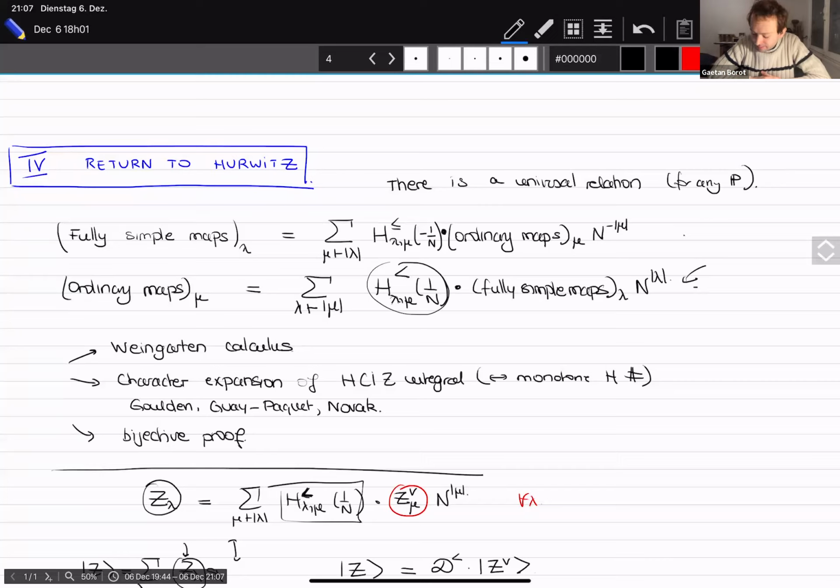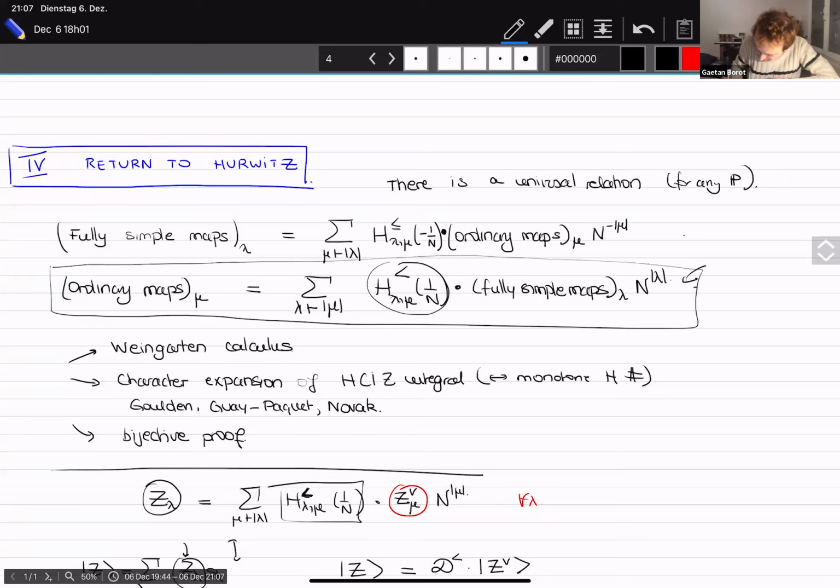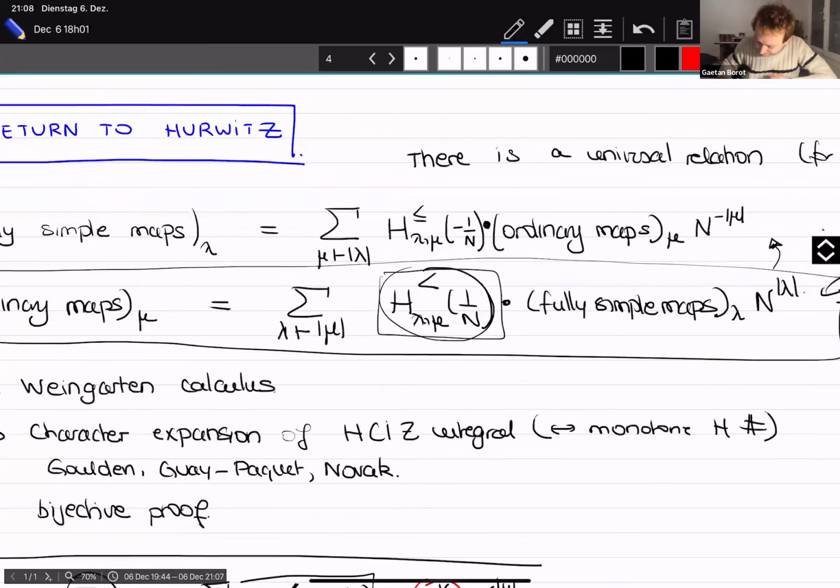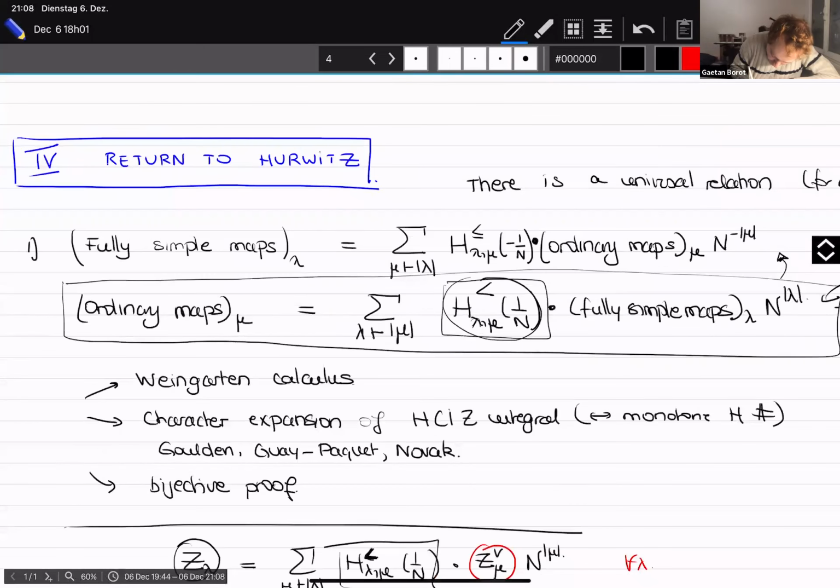And I'm saying that if you know this relation, you can deduce the other, just because this is the matrix. We don't see what you're writing. So where is it? Here. Yeah, it's okay. There's relation 1 and relation 2. Oh, okay. And one of them implies the other just by the fact that these two matrices are inverse of each other.